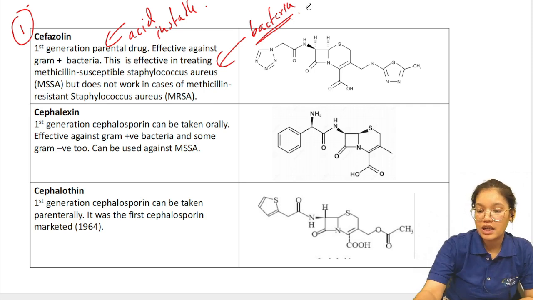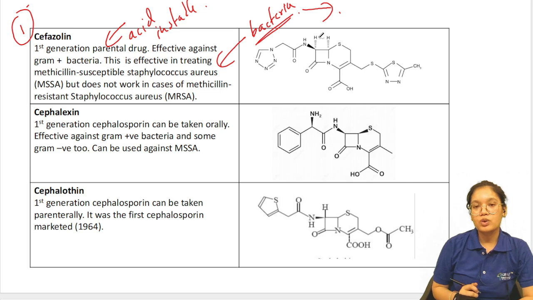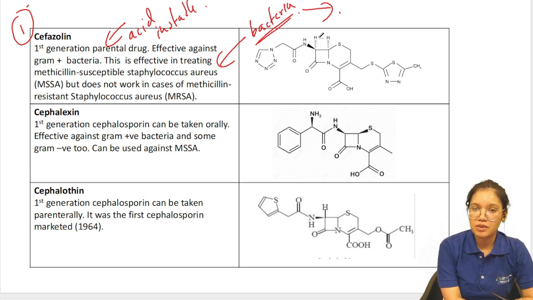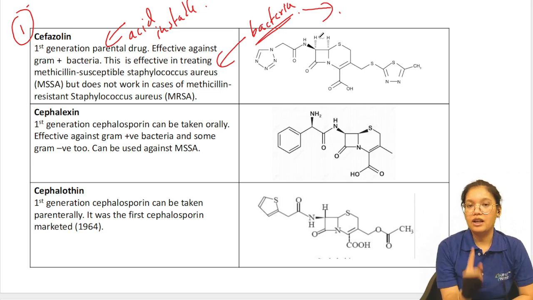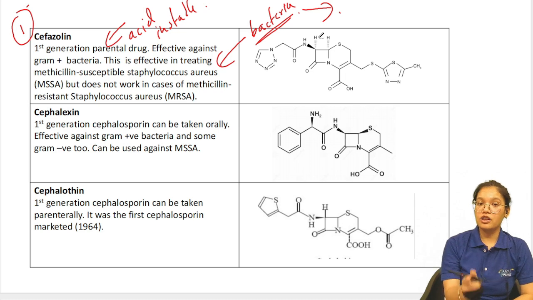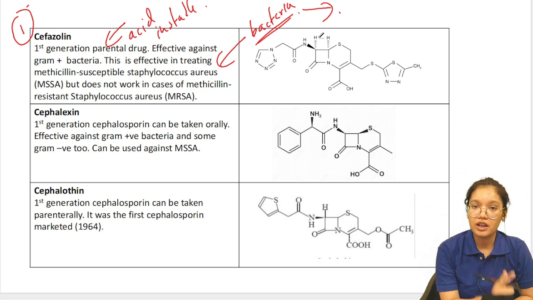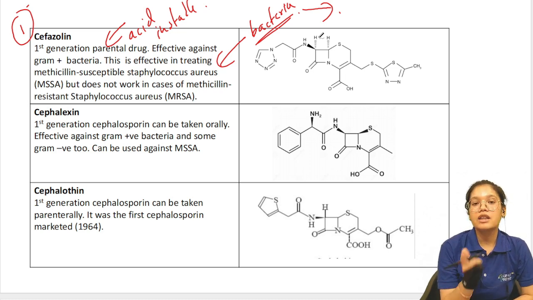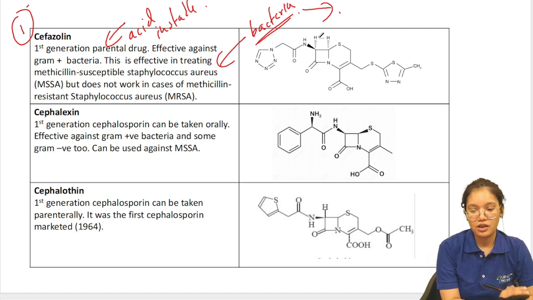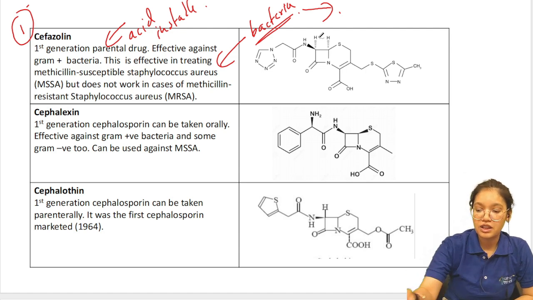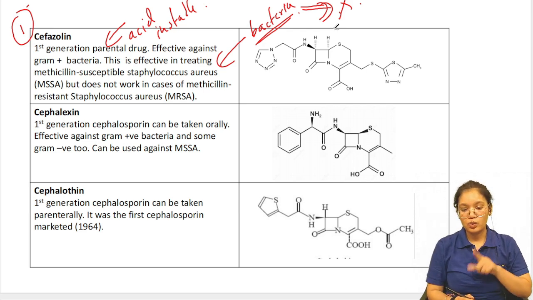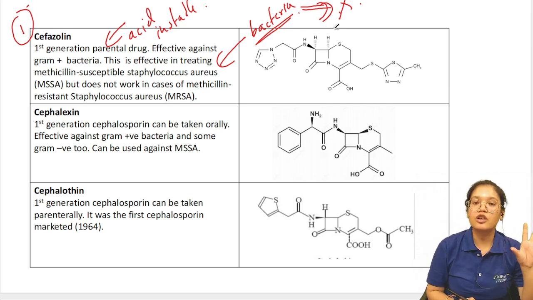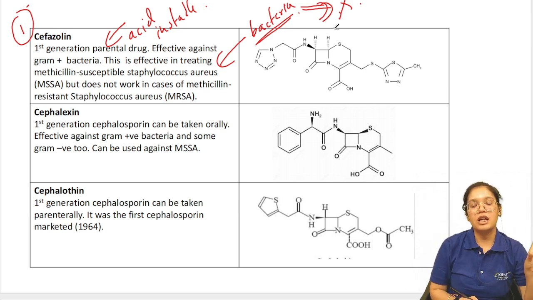That means it can be killed using beta-lactam antibiotics, but still it can cause infection in the body of an individual and can make the individual fall sick. So this bacteria needs to be killed, and we can kill it using methicillin or the beta-lactam antibiotics.